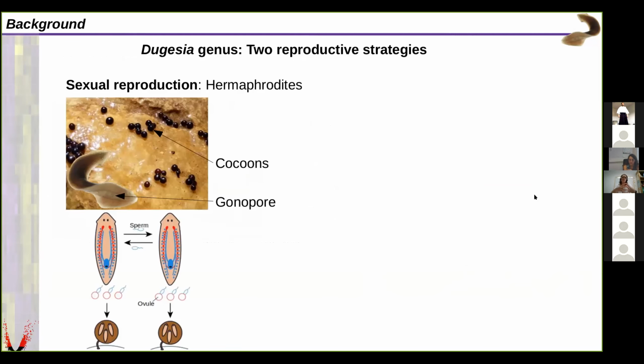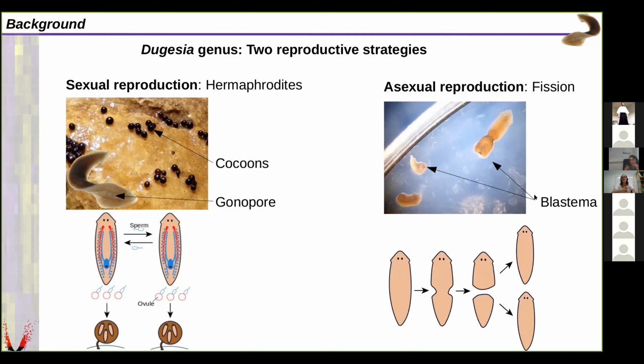Sexual reproduction occurs when hermaphrodite individuals interchange sperm between them, and they are internally fertilized with the sperm of the other partner. On the other hand, asexual reproduction occurs by fission, and from now on we are going to use fissiparous to refer to the asexual animals for a better understanding during the presentation.